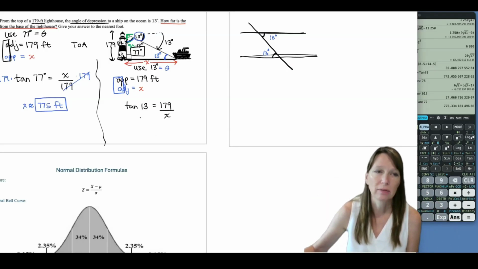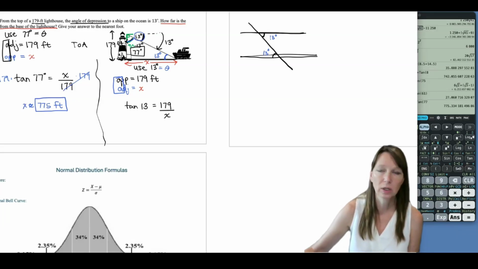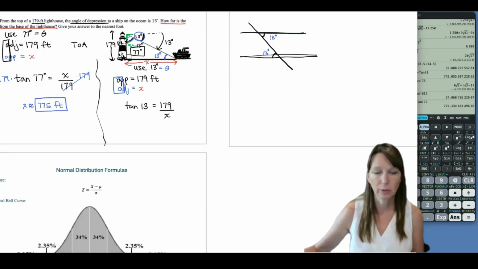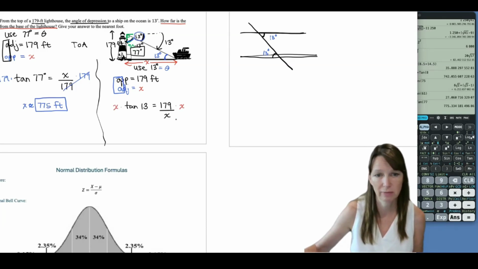So how do I solve this? Well, this is a little more complicated algebra, but it's still solvable. My preferred way to solve this is the same way I did this other problem, but it adds an extra step. I still don't like the denominator, but it happens to be a variable. So I'm going to just multiply both sides by x, just like I multiplied by the 179.